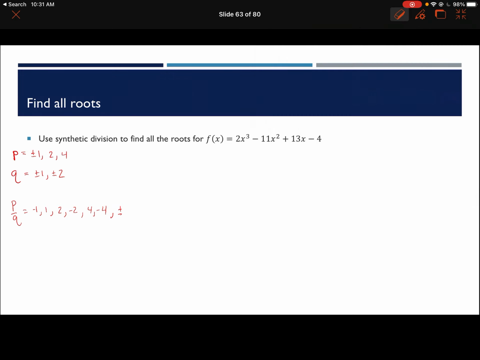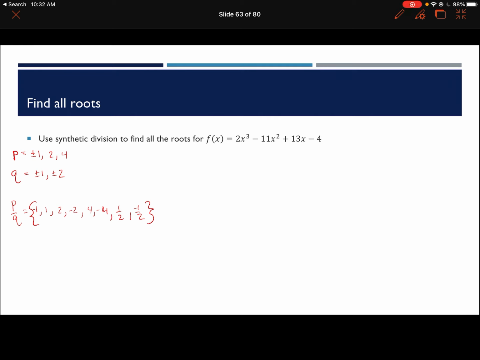I've got to get the eraser. So we want to make that 4 and negative 4. And so then we'll have a half and negative 1/2. 2 divided by 2 is going to be redundant, and 4 divided by 2 is also going to be redundant. So all of our possible rational roots are here.